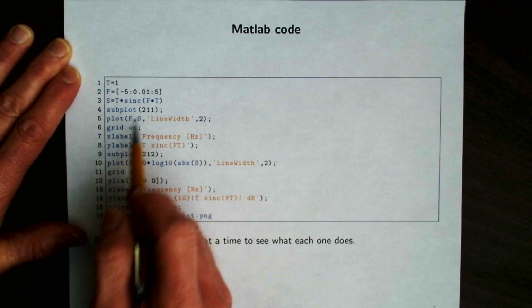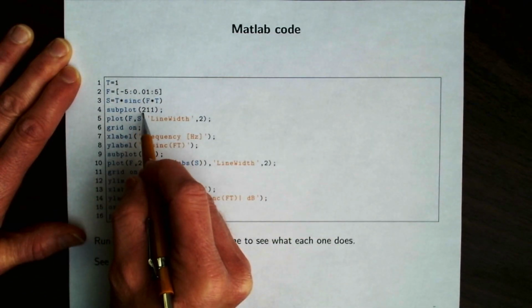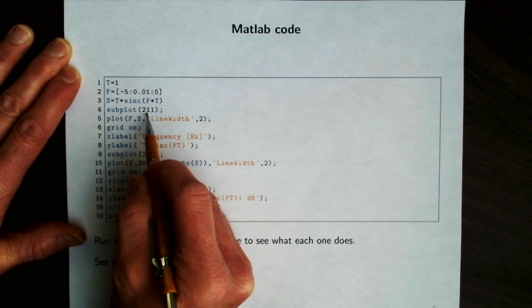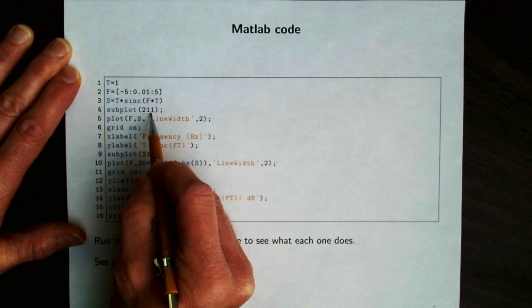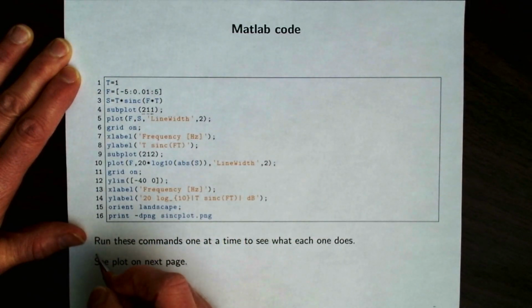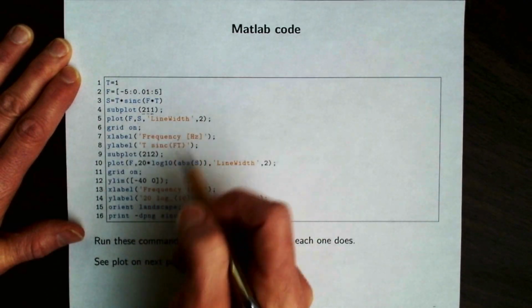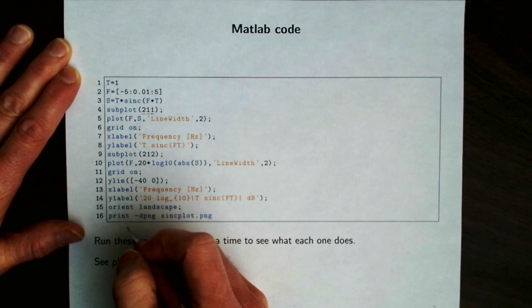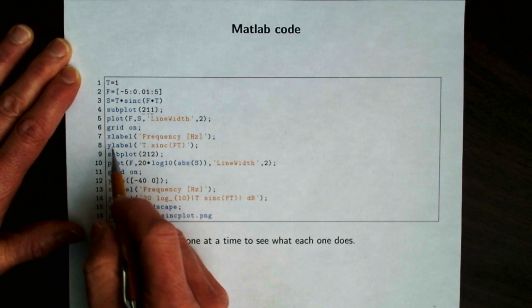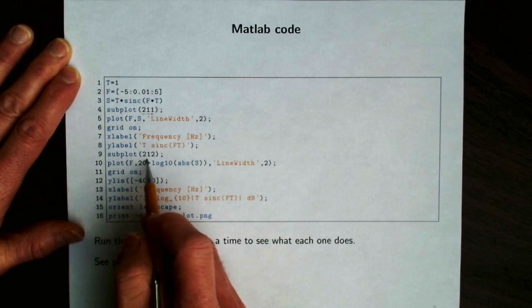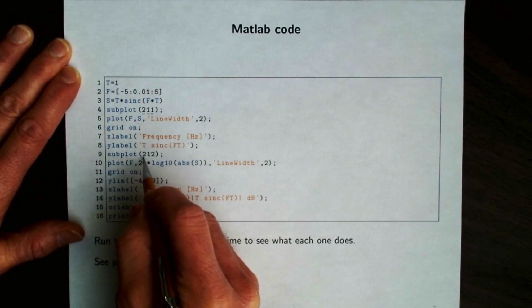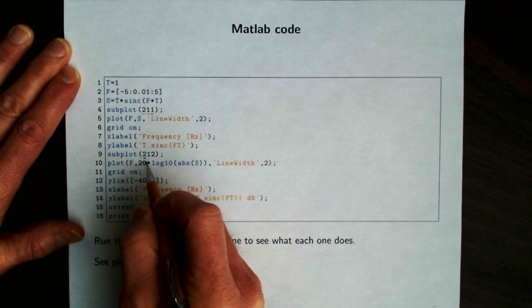The subplot command is used to make an array of 2 rows, 1 column, and this index is the first axis in that array of plots. And then we just say plot fs. I give it a line width of 2 just so that it shows up a little bit better. Turn on the grid, label the axes, and then I go on and make the second subplot. This is again an array of 2 rows, 1 column.